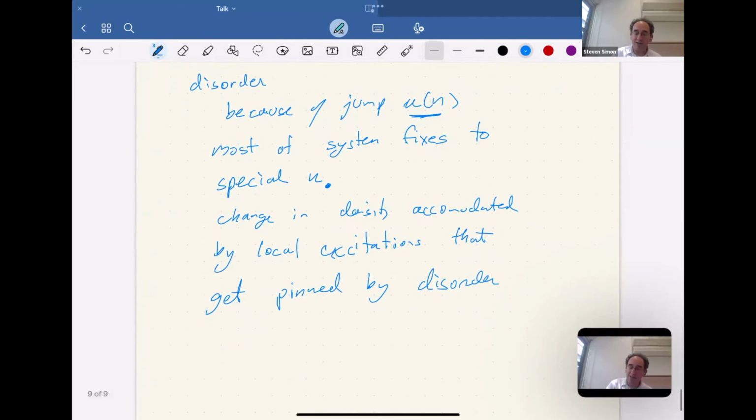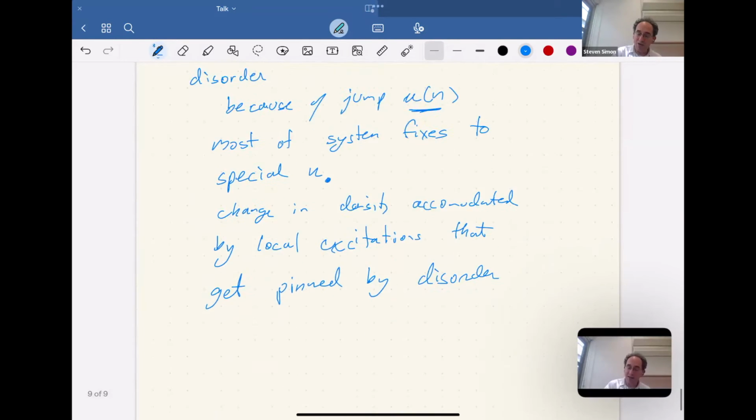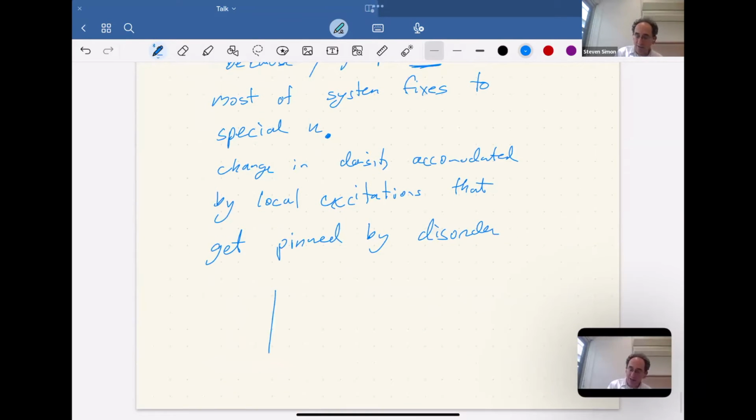This is easiest to understand if I go back to the integer quantum Hall case. So in the integer quantum Hall case, here's the energy, and then here's the density of states. Now these what were nice thin bands of Landau levels now get spread out into disorder broadened bands.